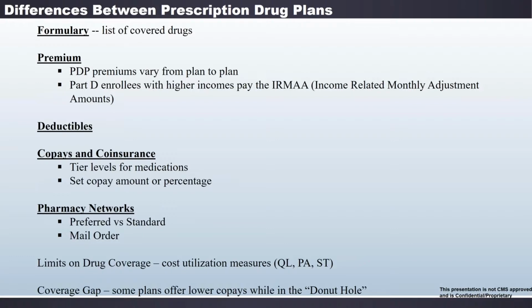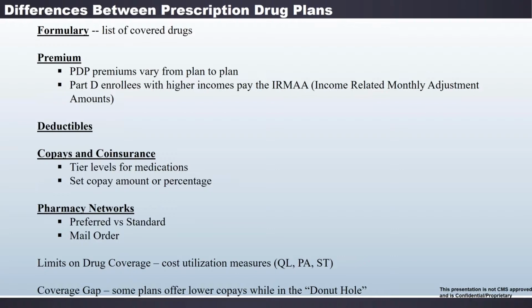So there could be 6, 10 different drugs that are used to treat a single specific ailment. Medicare requires that each formulary must have 2 to choose from.